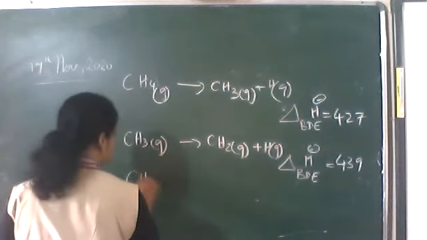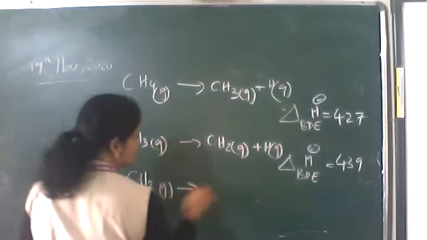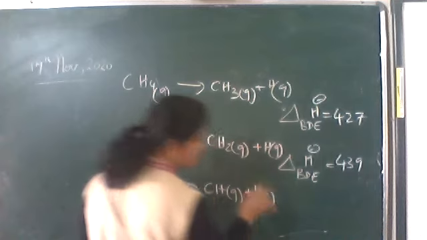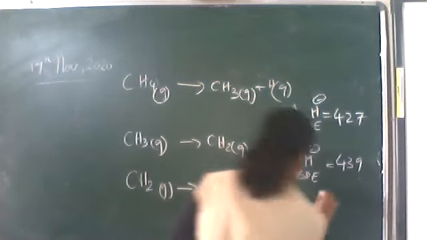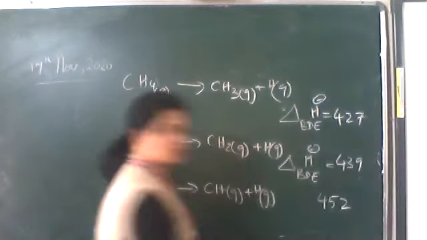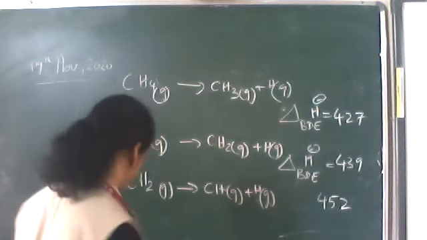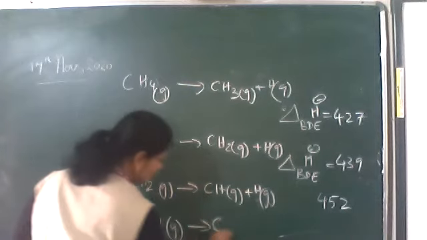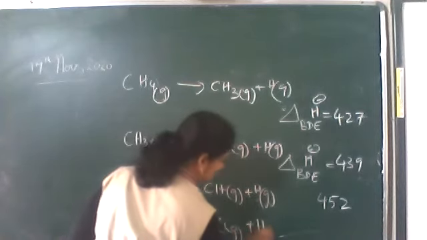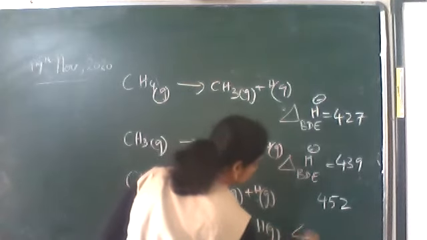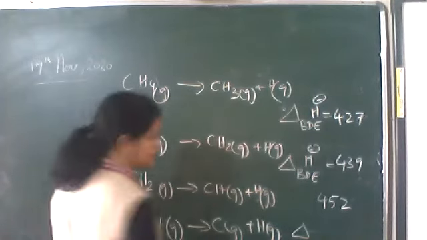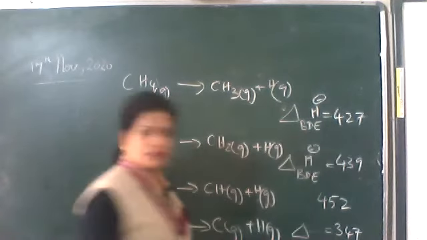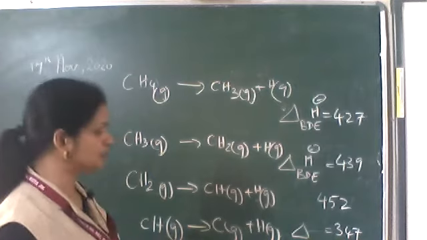From CH2 gas to CH gas plus H gas, the delta BDE is equal to 452 kilojoules per mole. And the last one, CH gas to C gas and H gas, that is delta BDE standard is equal to 347 kilojoules per mole, a very unstable species.